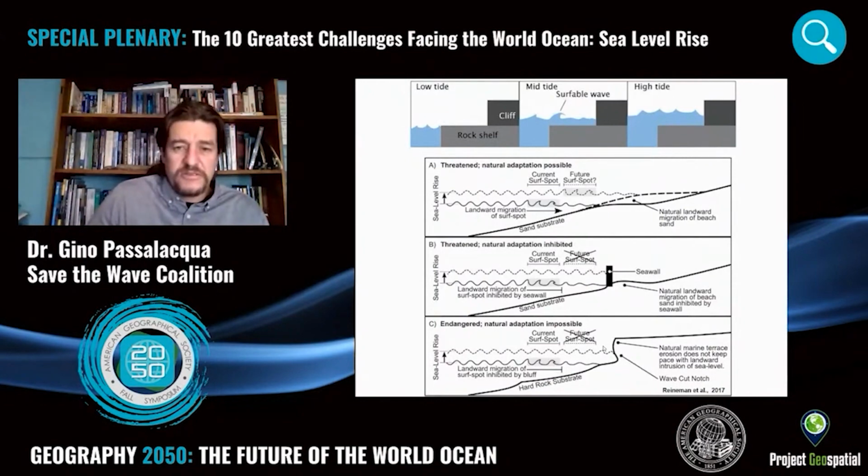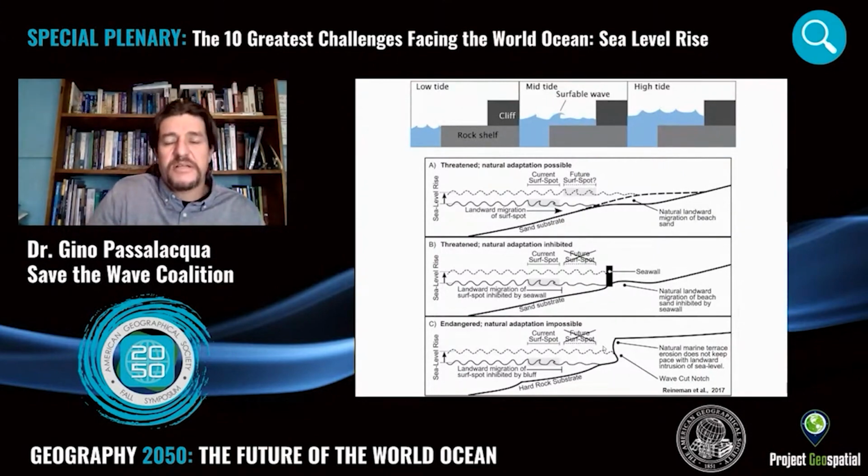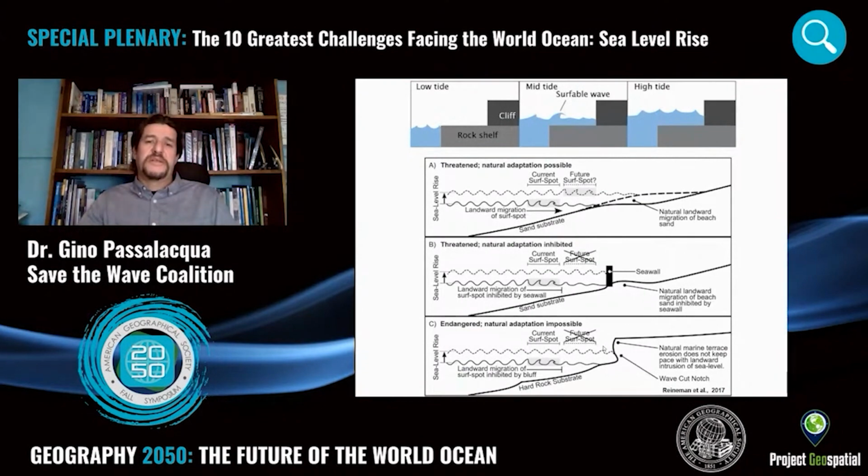There are specific geophysical conditions that allow us a surfable wave. And there's been a study by Raymond et al. where they use local knowledge to look into the threat to coastal surf ecosystems in California. So basically, there are three scenarios from this study.